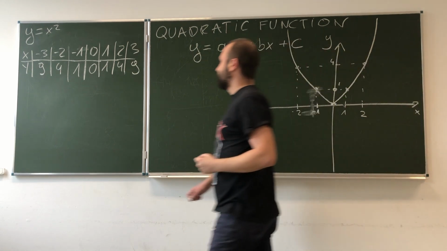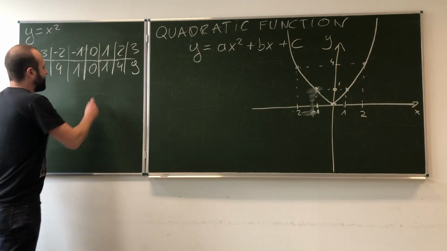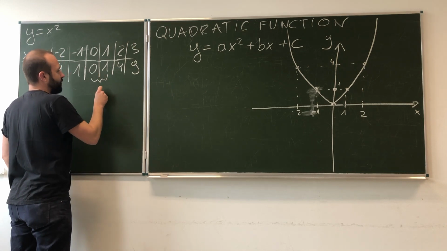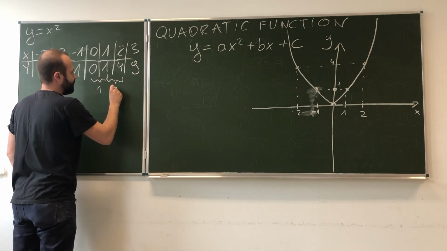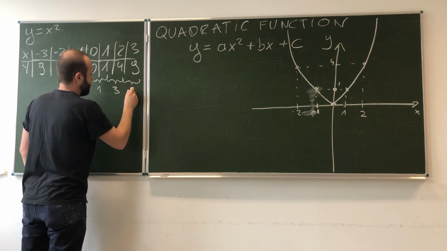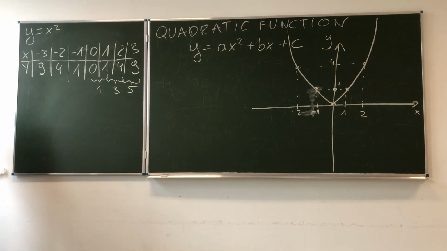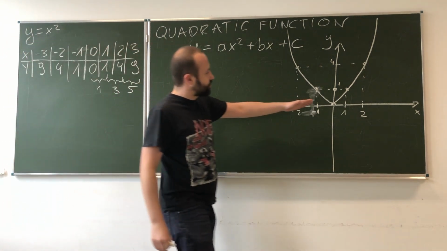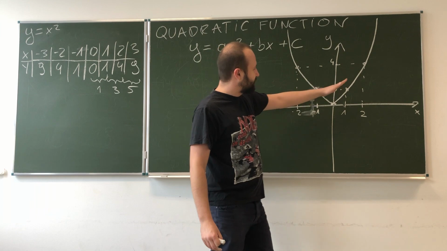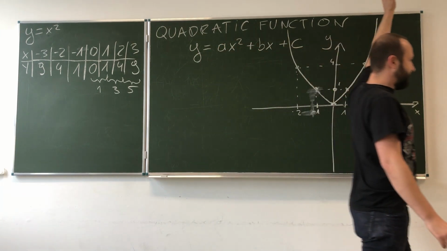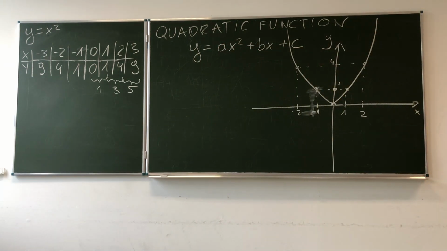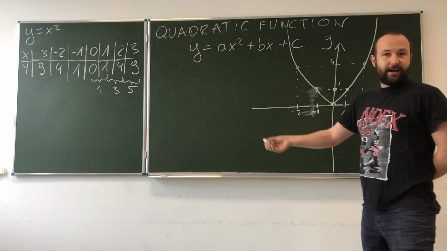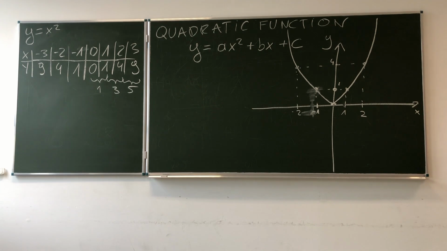Because look, when we went from 0 to 1, the value of the function changed by 1. But then it changed by 3. Then it changed by 5. 4 squared is 16, so the increase would be by 7. So this function is growing faster and faster. Each one unit increase in x leads to a higher and higher increase in y.